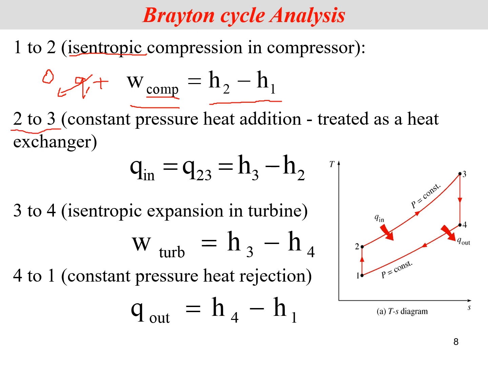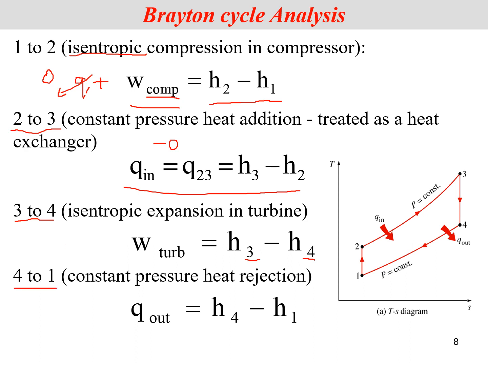Similarly, when we go from 2 to 3, since we are only adding heat to the process and not extracting any work from it, this becomes Q minus 0 is equal to delta H. Similarly, 3 to 4, no Q, and you can see here this is minus delta H. So you just write minus here and add this with the plus sign.